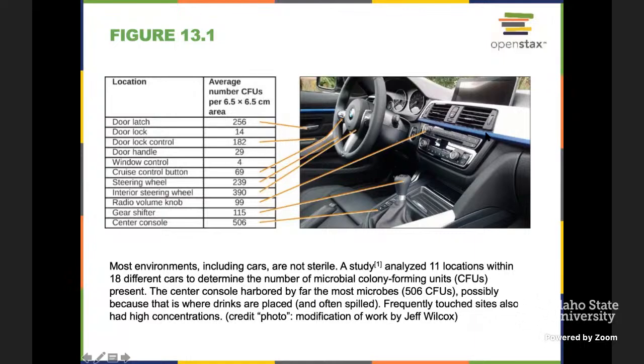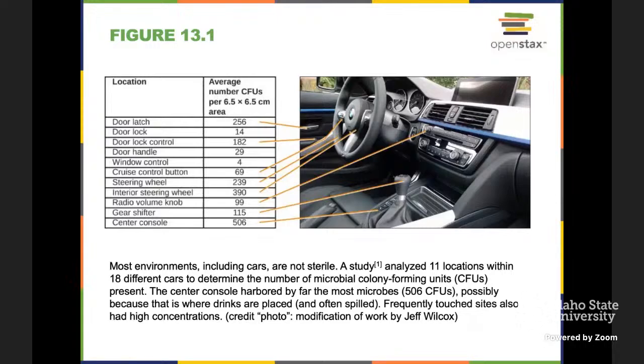Maybe the window's up because we're always using air conditioning. I don't know the answer to that. So as we get down in here to the console, there's other potentials like maybe spills and things like that that potentially lend to some greater opportunities for some microbes to thrive.